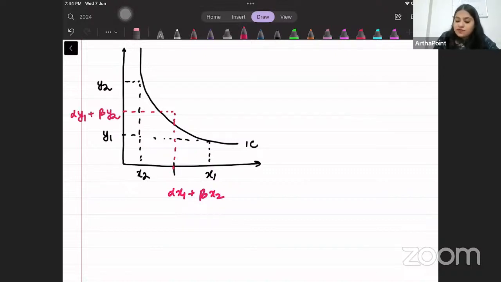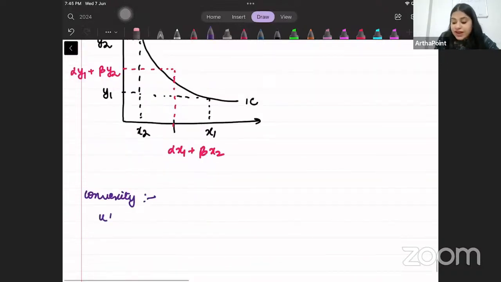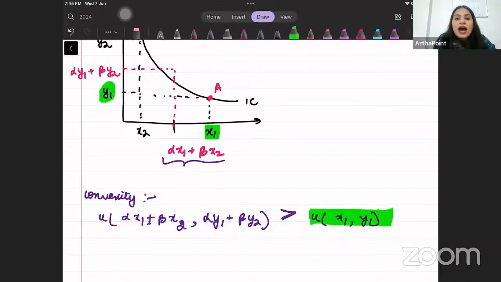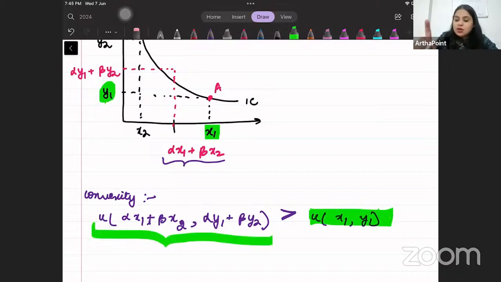Then convexity suggests that the utility you will get from this weighted average bundle, alpha y1 plus beta y2, is more than the utility from any extreme bundle. The extreme bundle is this point A, which is x1 comma y1. I will get more utility from this weighted average bundle. Same goes for the other bundle.